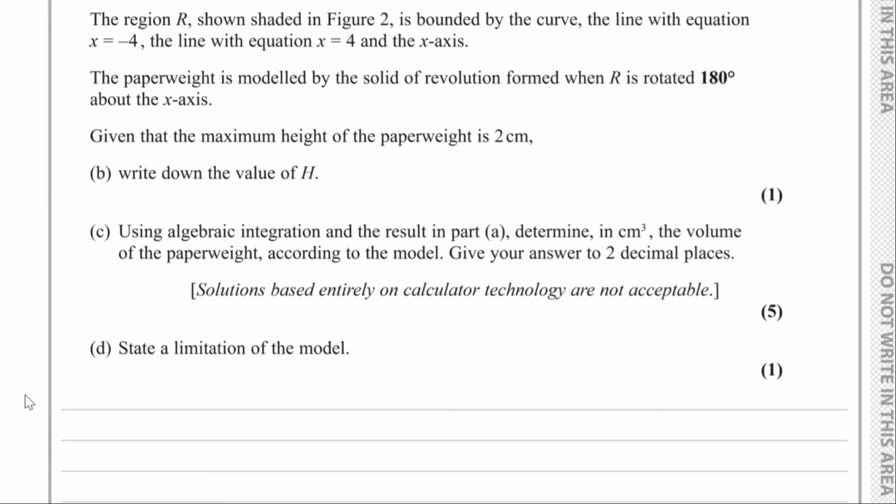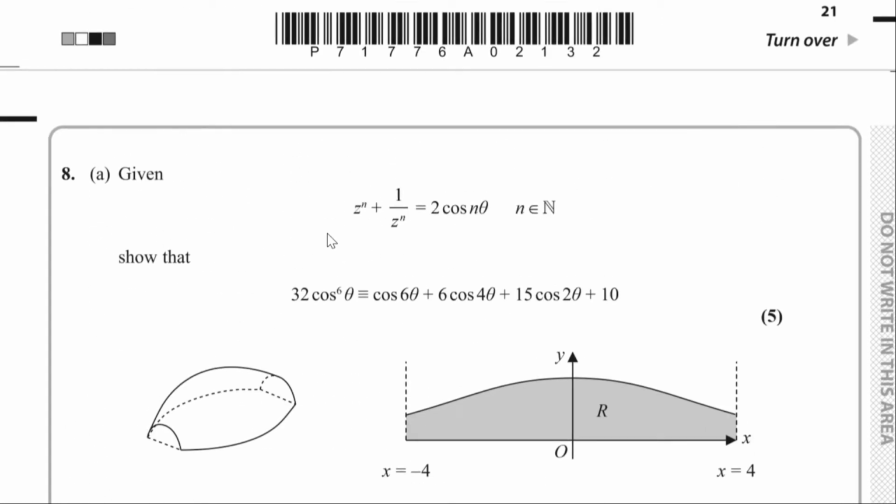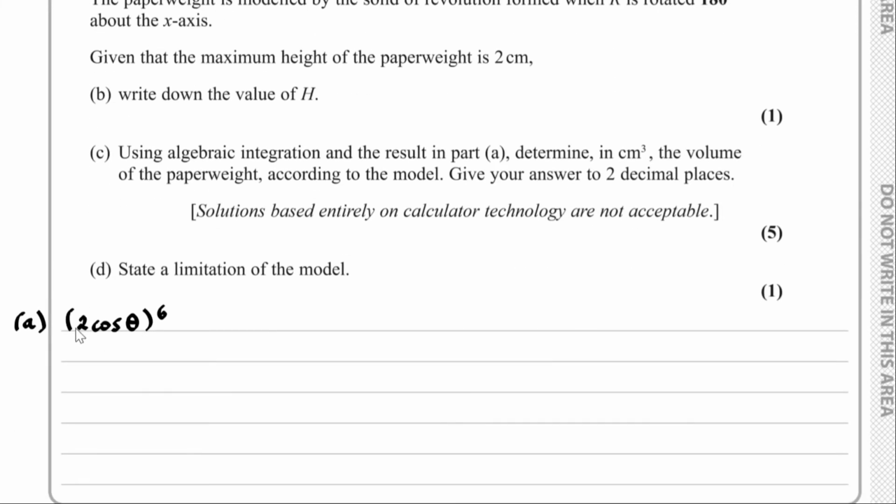So for part A, we begin with 2 cos theta to the 6, and the reason we are writing this down, if I take a look at what I want to show, here I've got a cos theta, so n is 1, and so I would have to raise this to the power of 6, and therefore 2 cos theta to the 6 will be equal to z plus z to the minus 1 to the 6.